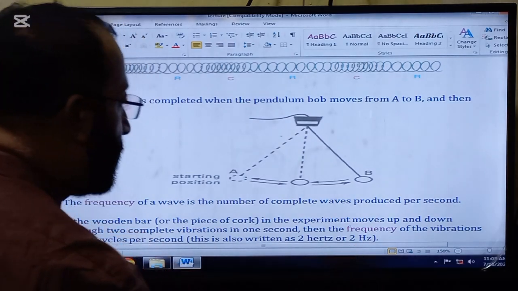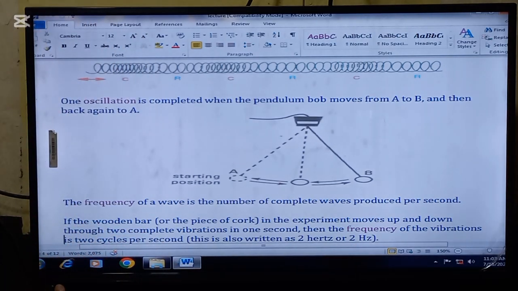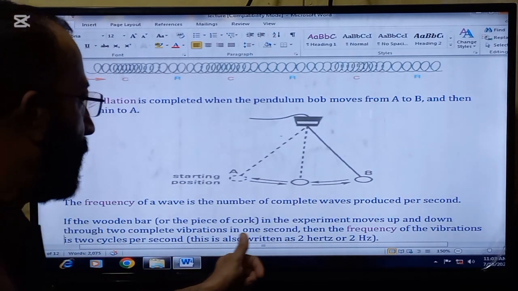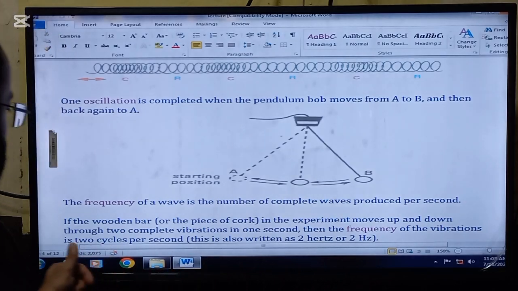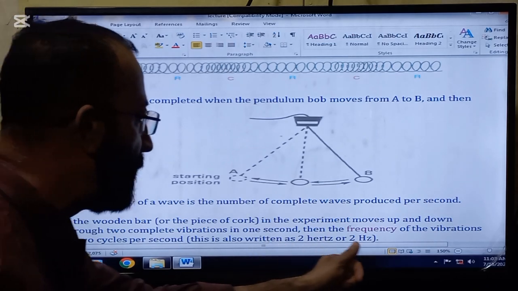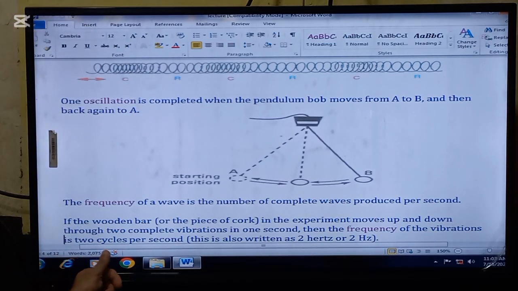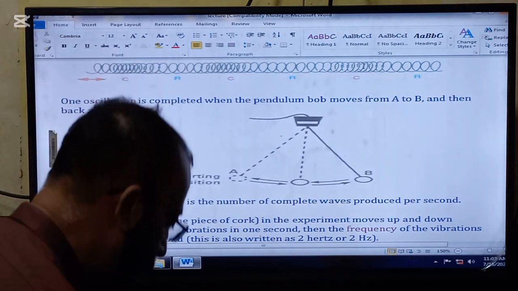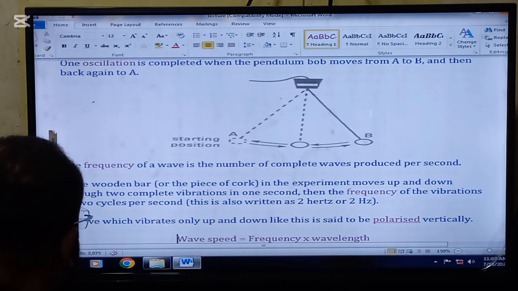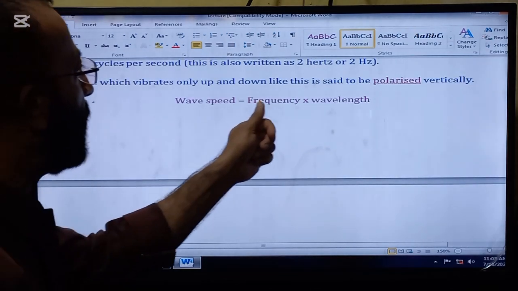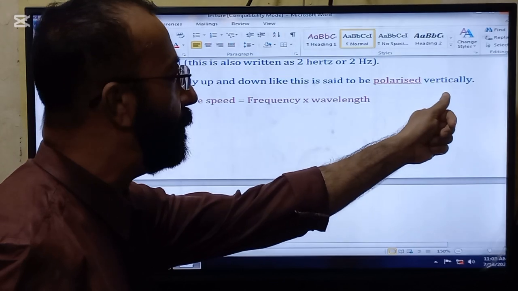So read again: in an experiment, if the wooden bar or the piece of cork moves up and down through two complete vibrations in 1 second, then the frequency of the vibrations is 2 cycles per second, written as 2 Hz. A wave which vibrates only up and down like this is said to be polarized vertically.